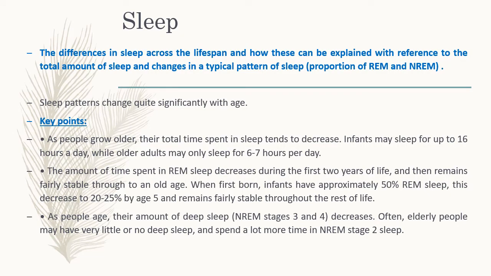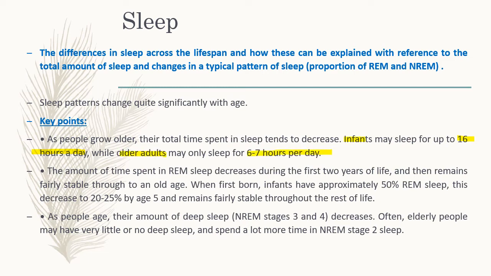Okay, so sleep across the lifespan. As we age, sleep patterns change quite significantly. As we get older, the total time we spend in sleep tends to decrease. Infants may sleep for up to 16 hours a day, whilst older adults might sleep for 6 to 7 hours per day.